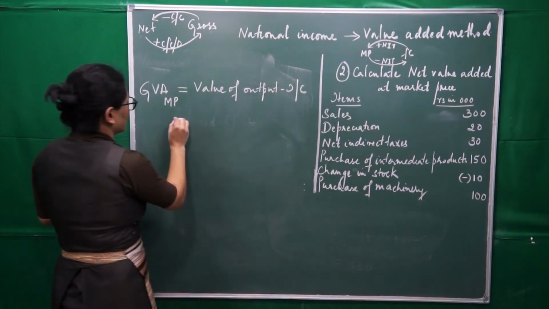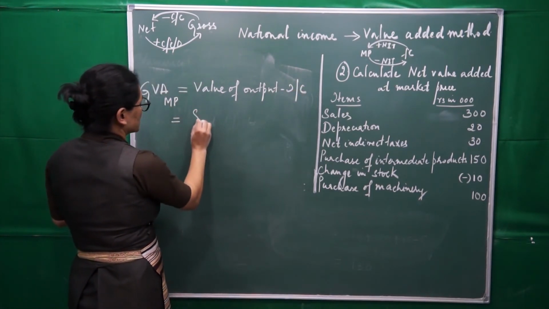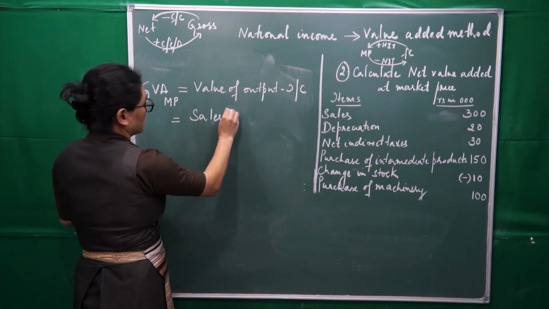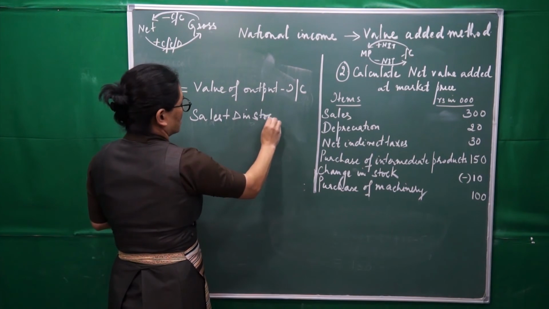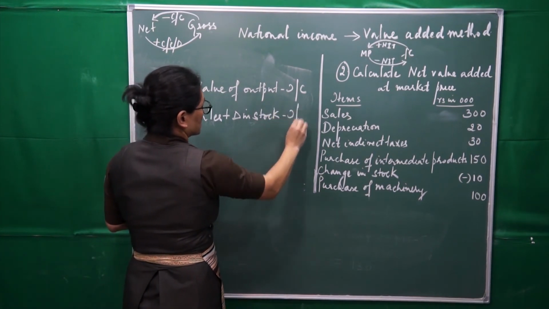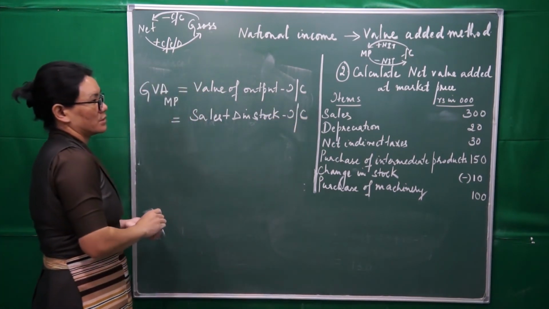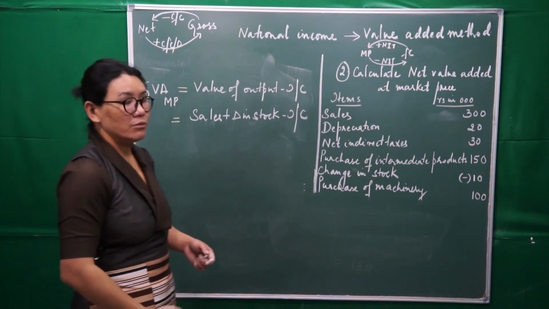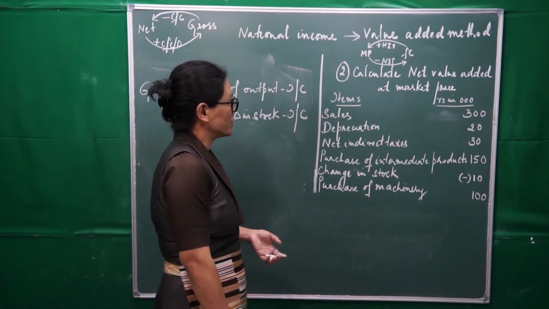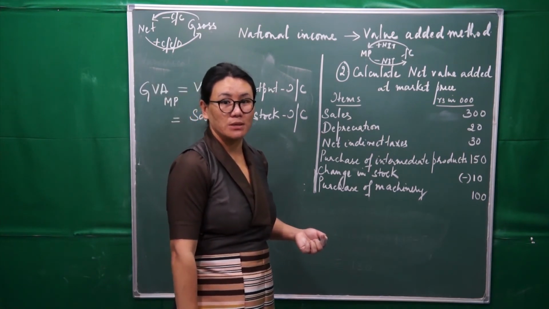Here, value of output is sales plus change in stock, minus intermediate consumption. Is that clear? Now we will look into the data provided in this problem.